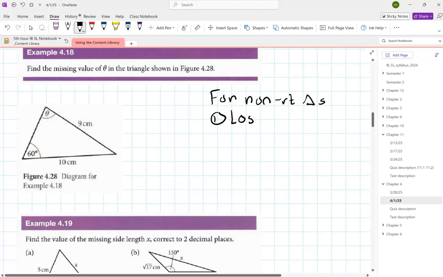We have two tools that we might use. Law of sines. And then law of cosines.